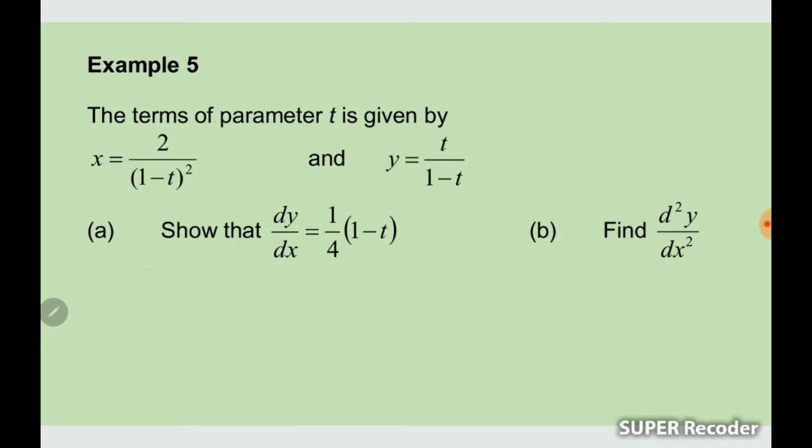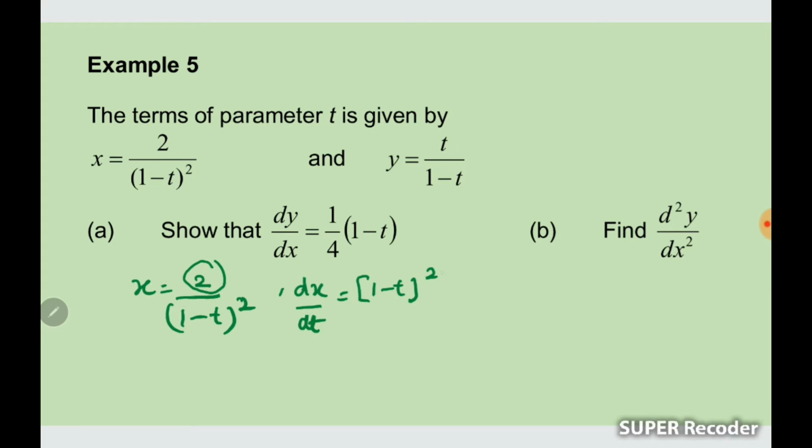Given x equals 2 over (1 minus t) squared, we will differentiate x with respect to t, dx/dt, by using the quotient rule here. By using the quotient rule, you have to copy (1 minus t) squared, then differentiate 2.